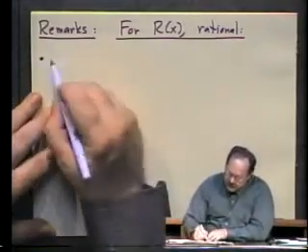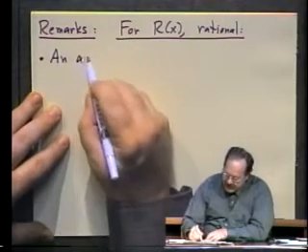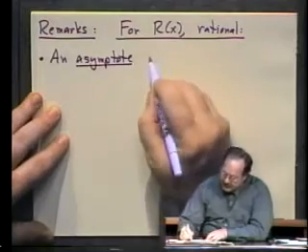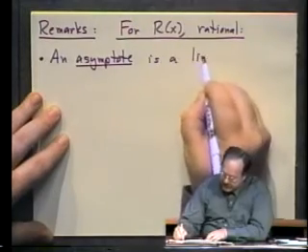And let me say, in plain English, an asymptote, no matter the strangeness of the word, an asymptote is a line. That's all it is.